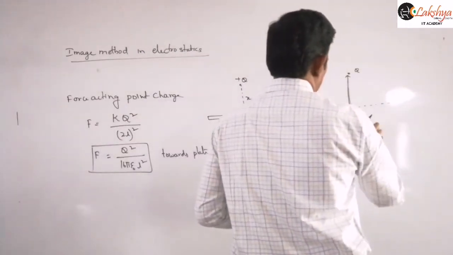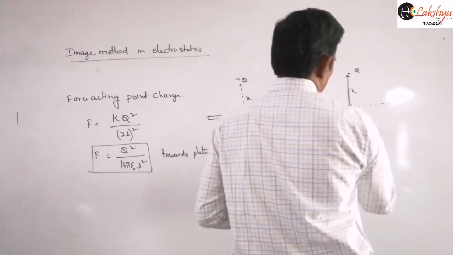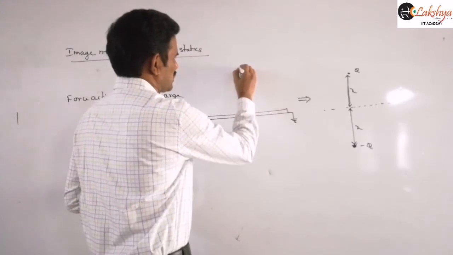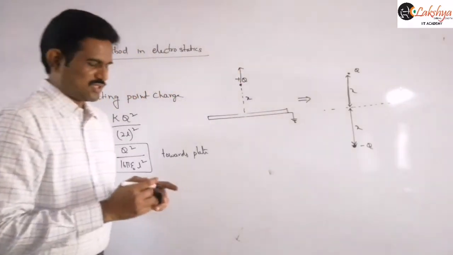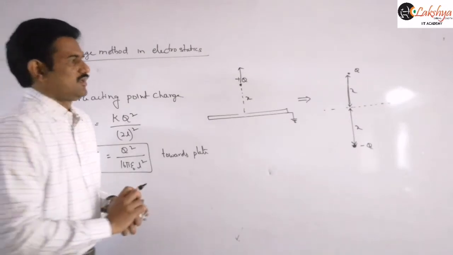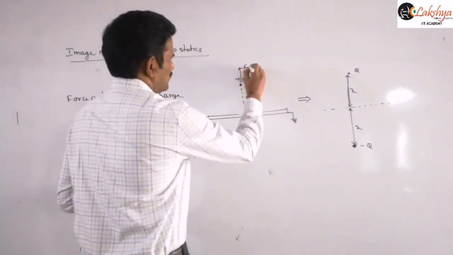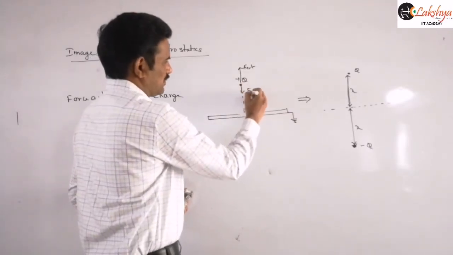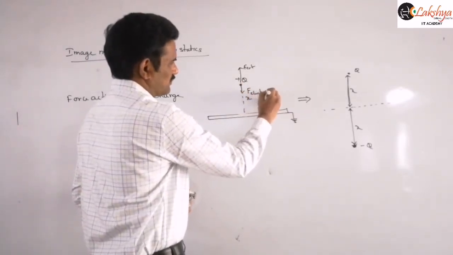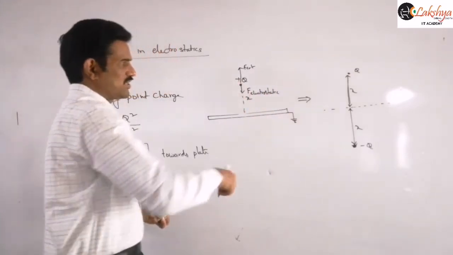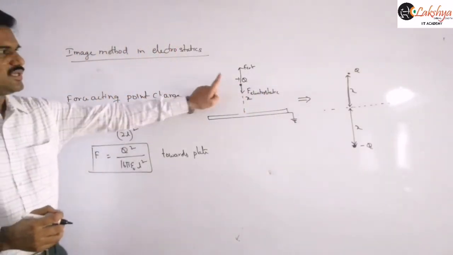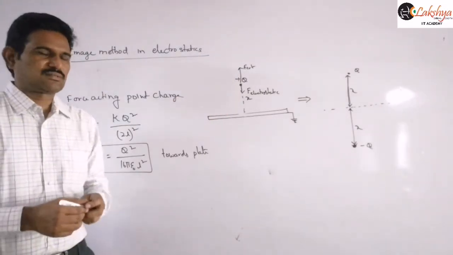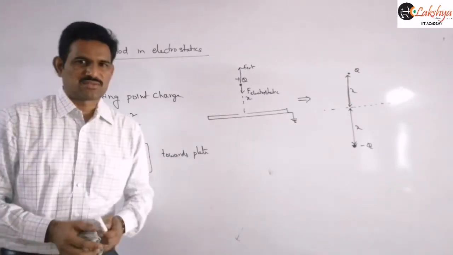We are displacing this charge like this by applying some external force. So this external force will be like this, and this attractive force will be like this. That means this is the electrostatic force. So the electrostatic force will be in the downward direction, attractive, and the external force will be in the upward direction. We are displacing it slowly. At some instant, it is at a distance of x.